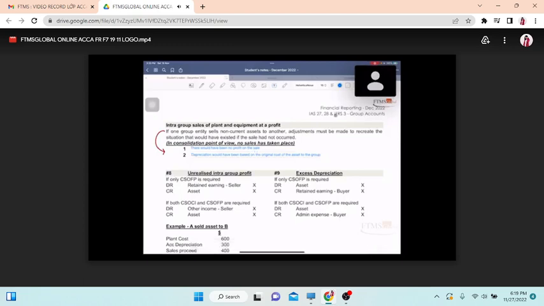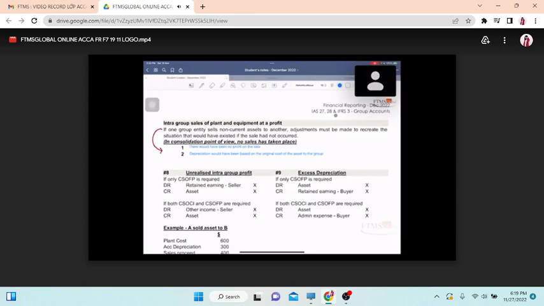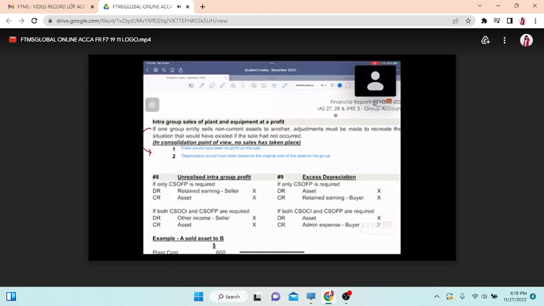Remember, in the first place, you cannot consider a sale because I sell to myself. So your depreciation cannot use the price that you bought from your group company. Depreciation should still be based on the original cost because there's no sale. I will tell you more on this part. But for consolidation, remove any profit.